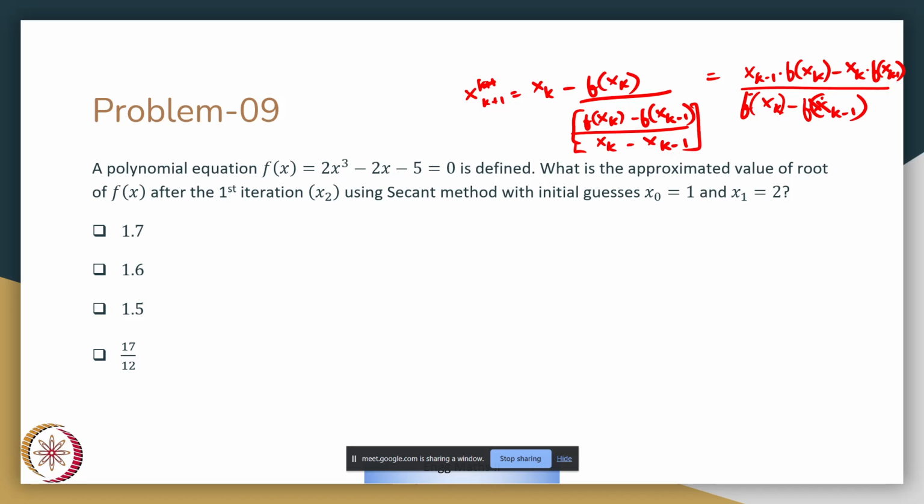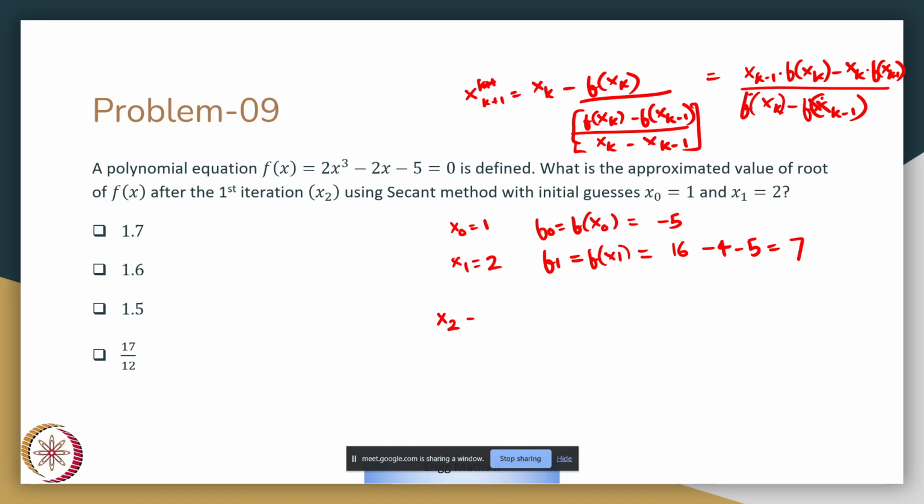So for our case, x0 is equal to 1, f0 is f of x0, which is 2 into 1 cube minus 2 minus 5, and x1 is 2, so f1 is f of x1, which is 16 minus 4 minus 5, so this turns out to be 7.